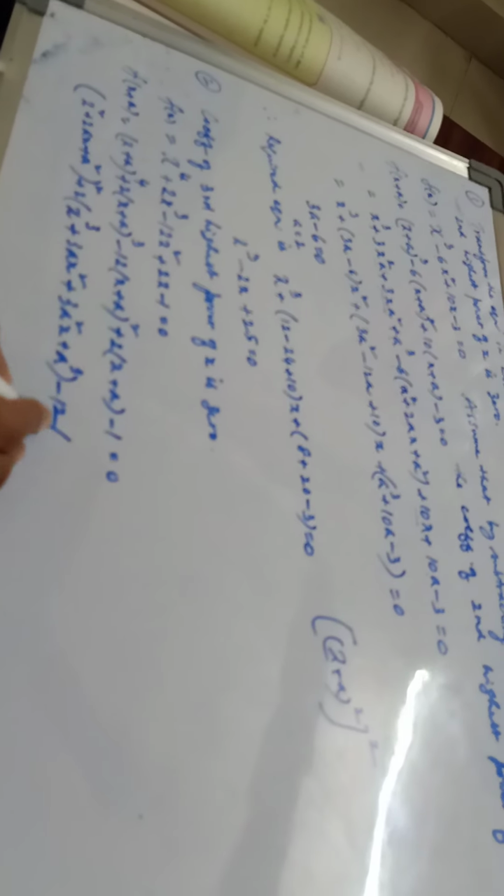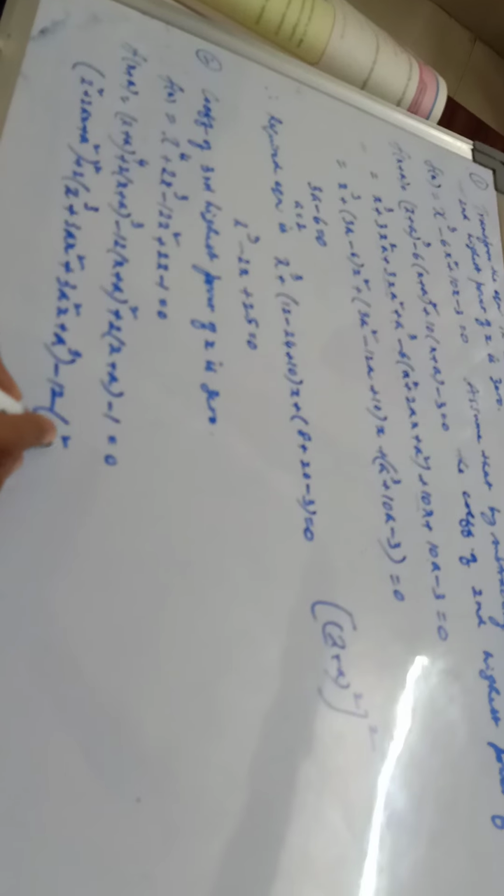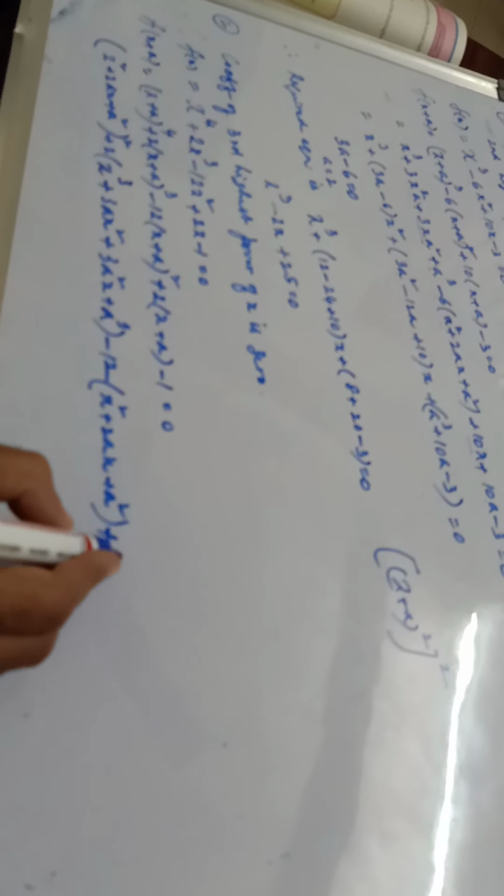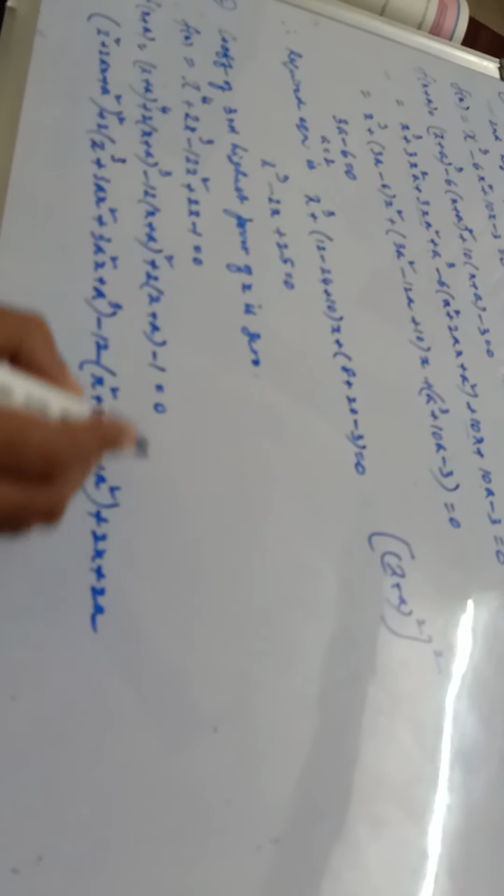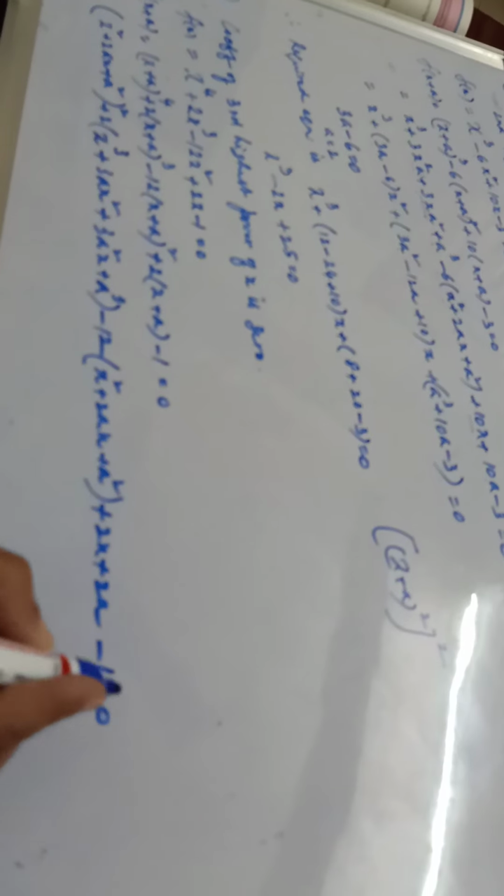Minus 12 into x plus a whole square, which is x square plus 2ax plus a square, plus 2x plus 2a minus 1 is equal to 0.